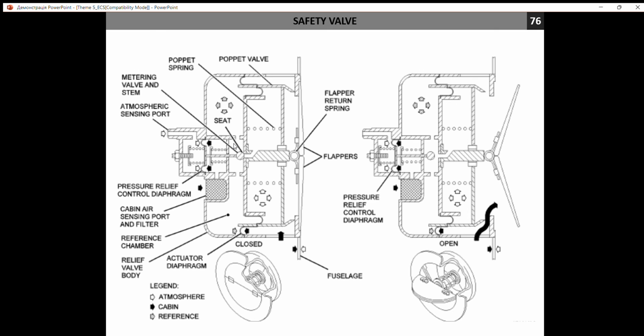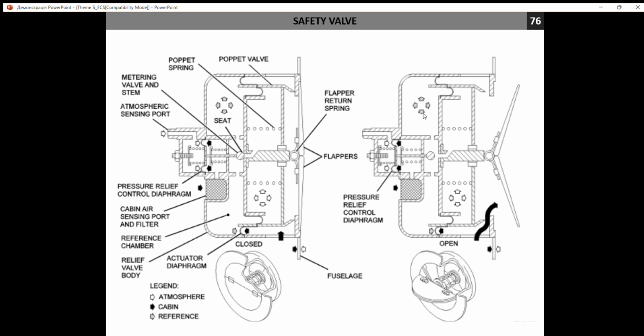and this diaphragm will pull left the metering valve. So it goes to this point, and this ball will open a hole here, and it means that the air that was stored in this inner part of the valve may now go out.